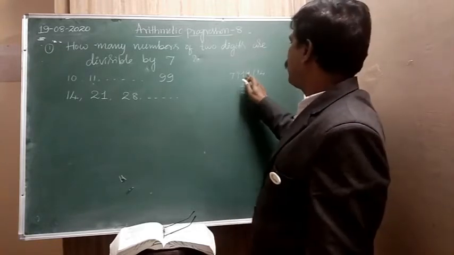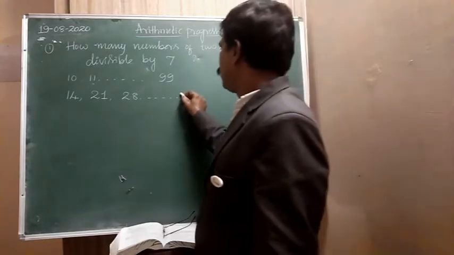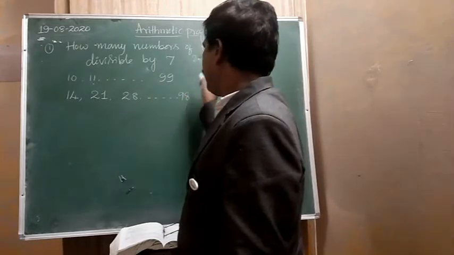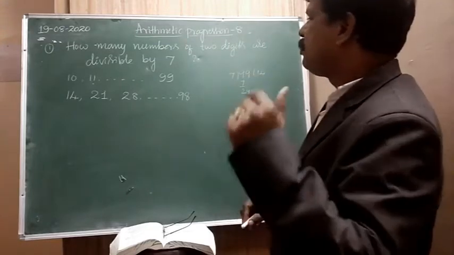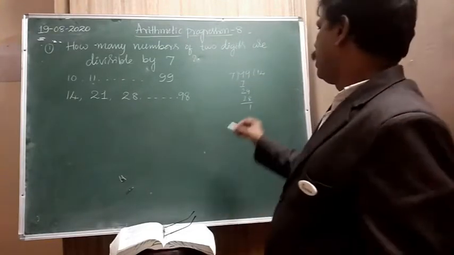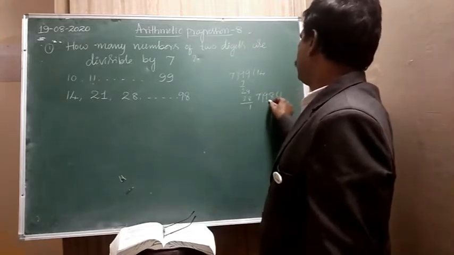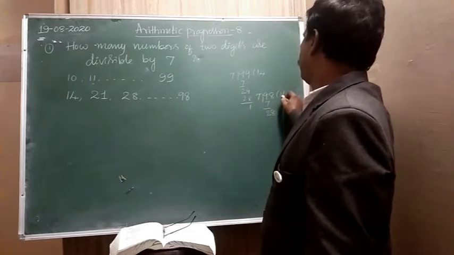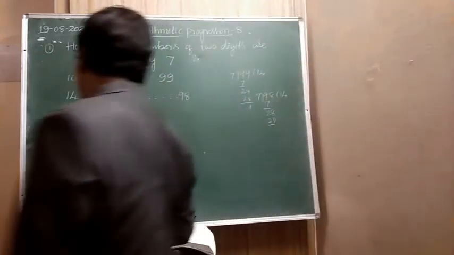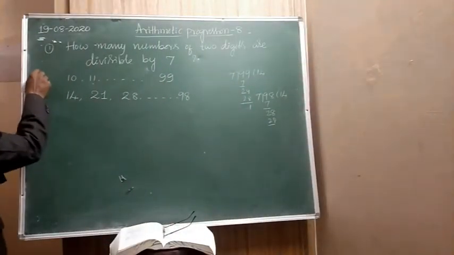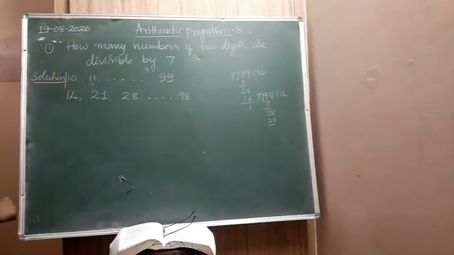Out of this 99, 1 is excess, so subtract that 1 and your number becomes 98. 98 is the 2-digit number which is divisible by 7. 98 by 7: 7 ones are 7, 7 fours are 28. So like this, first you should write down the AP. Clear? The solution should be done like this.